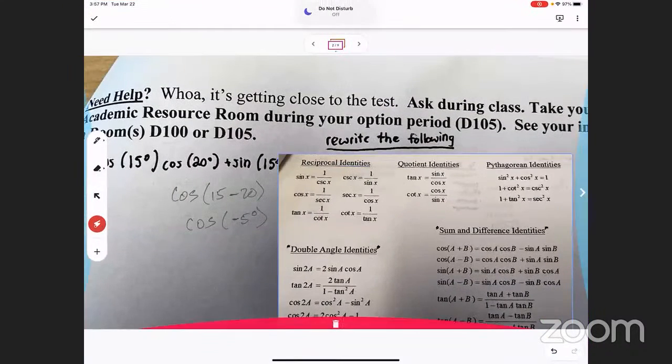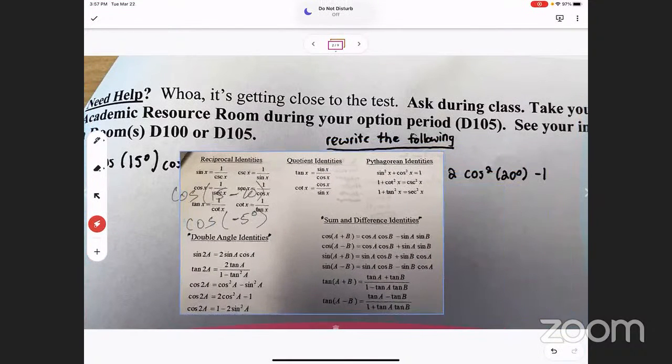All right, so do you see it? Do y'all see it? What would it be? Micah, tell me what it would be. What should I write for this one? 2 cosine squared 20 minus 1. Very good. Cosine, y'all see it? He's using this one right here.